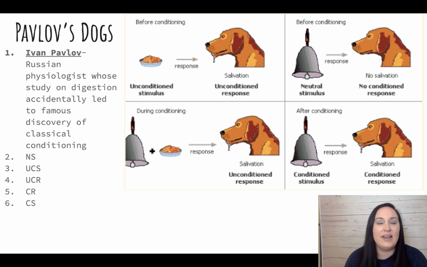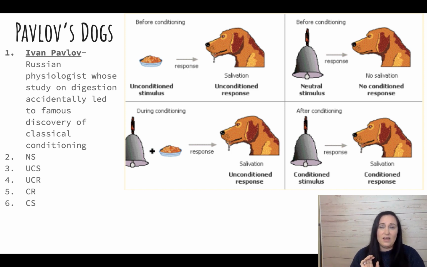So he had dog food, and dog food is our naturally occurring stimulus that provokes a response in the dogs of salivating. So this first picture here is before conditioning, meaning before they've learned anything, a dog will see food and his mouth will start to drool. That is just a natural response that a dog will have.